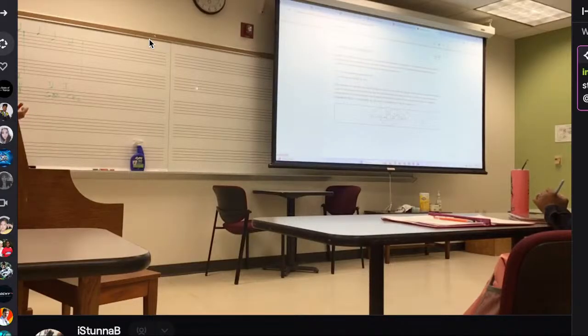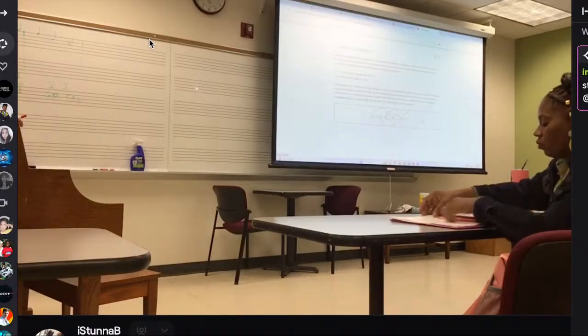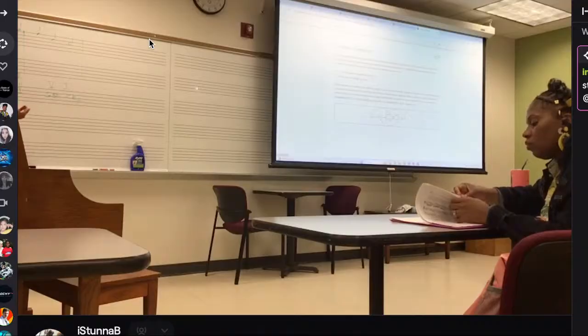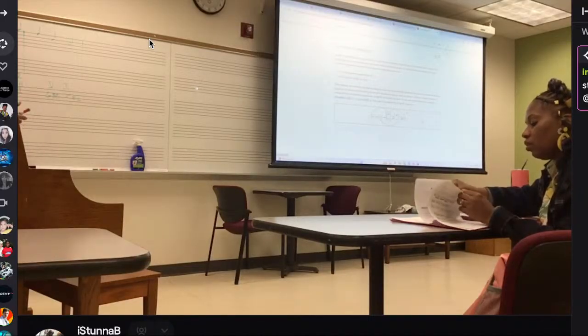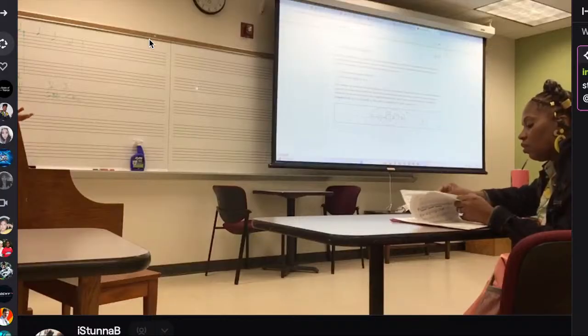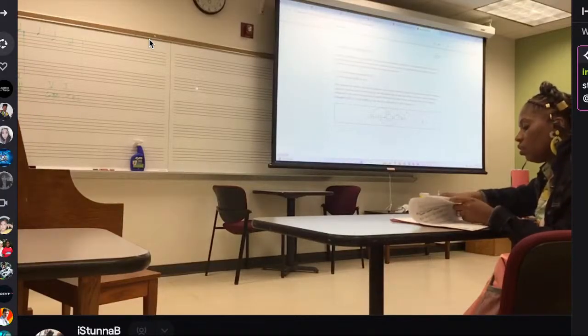Does anybody remember? Does it function more like a dominant or a predominant? Does it function more like a 1 chord? Two common tones with the 1 chord. More common tones with a 1 chord. So it actually has the same sort of function as a 1 chord.